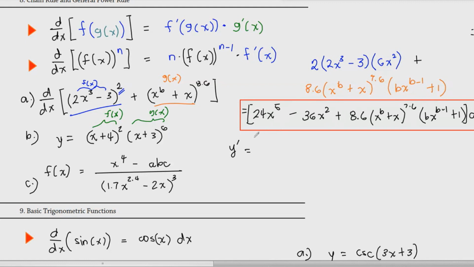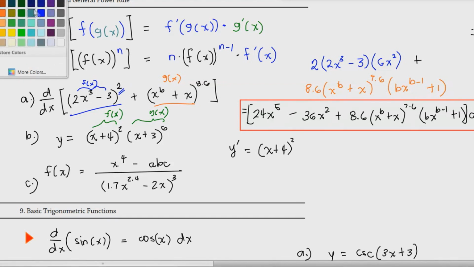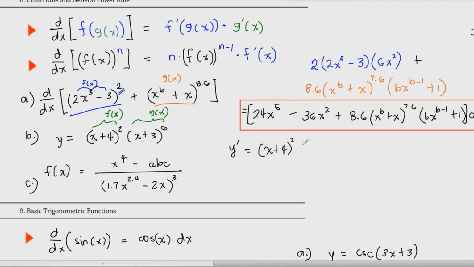And to do that, I'll be having x plus 4, just copy this one, squared, and then take the derivative of this function. Now I'll be taking the derivative of g of x, so I have here 6, so we need to multiply it by 6, and then x plus 3, and then that will be 6 minus 1 based on our general power rule, and then multiply this with the derivative of what's inside.